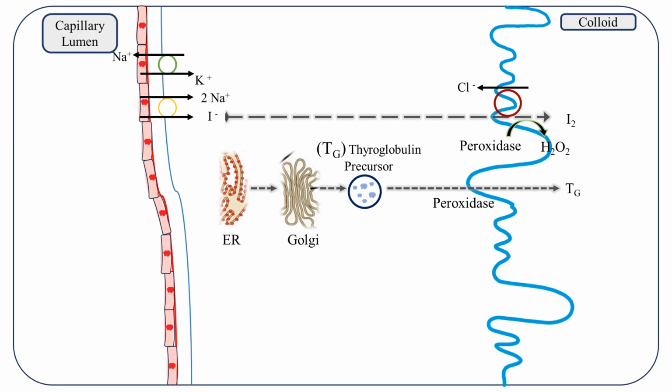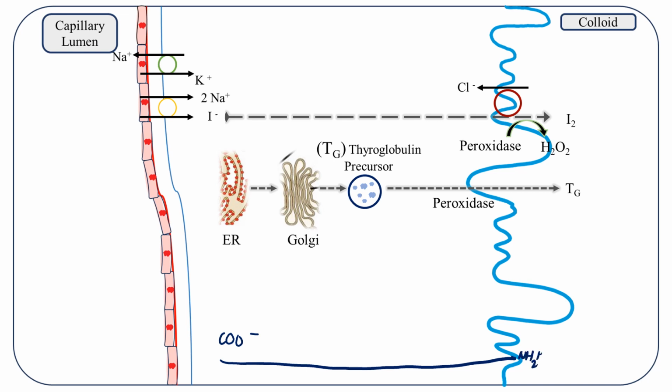So now once your iodine is oxidized, let's go back a little bit and try and understand the structure of thyroglobulin. Let's say this here is a thyroglobulin molecule. This is the COO minus of the protein and this is NH3 plus.